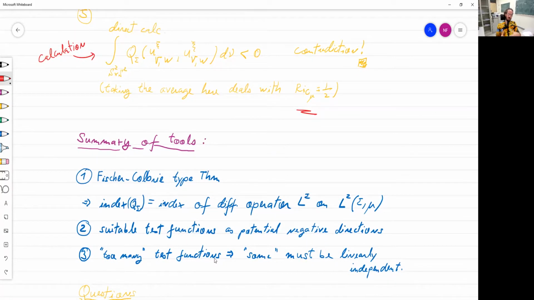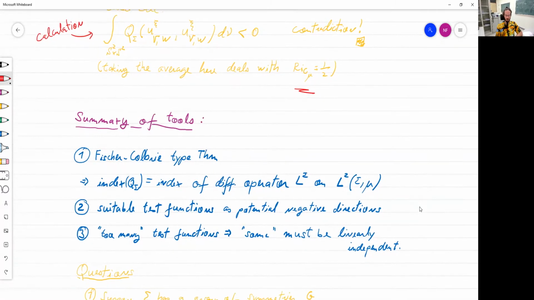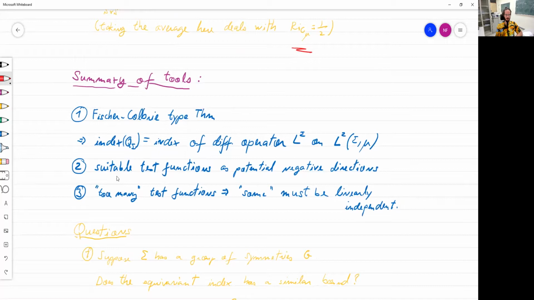The third step is, if you have too many test functions, some of those test functions must be linearly independent, and quantifying what is too many comes from these calculations. So the geometry comes in step 2, and the method comes in step 3. This sort of idea can be used in other geometric problems as well, and it has been. But this is the rough thought process.